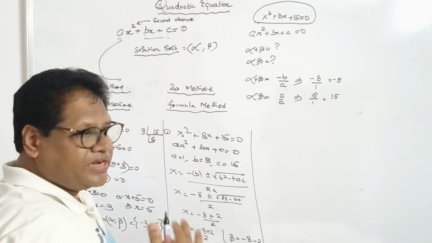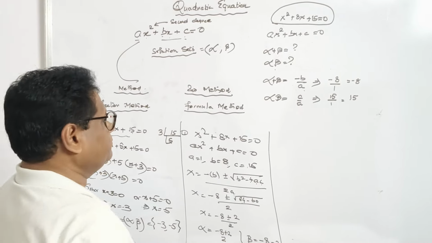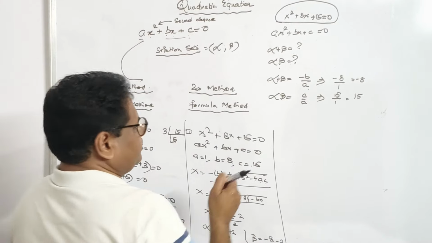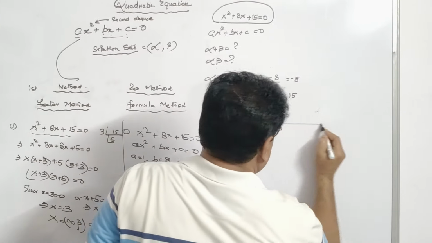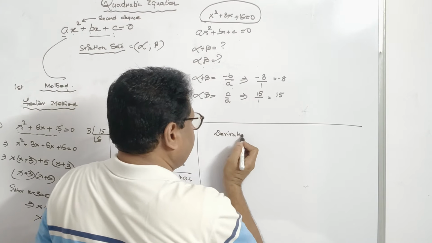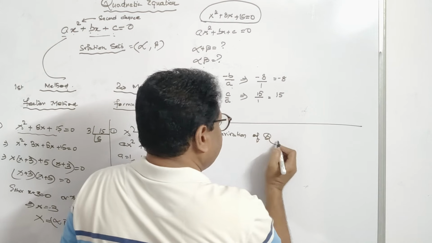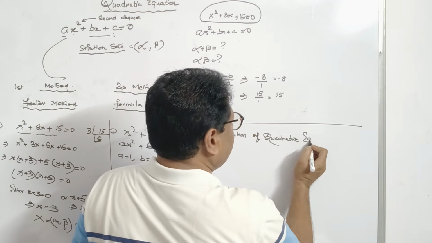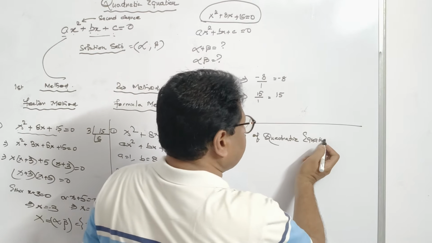Now let us find the derivation of the equation. That means we are going to derive the quadratic equation. We have already done two methods to solve the equation.